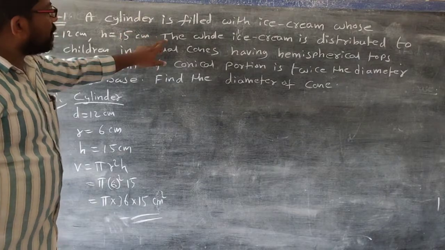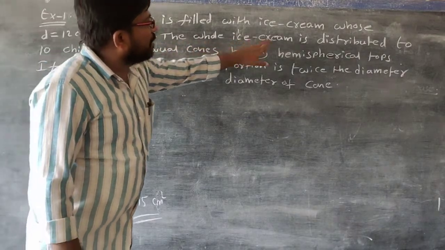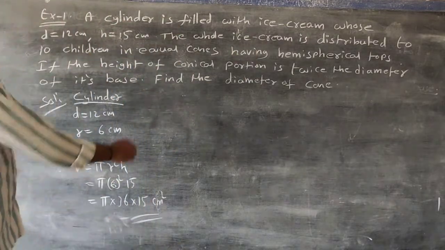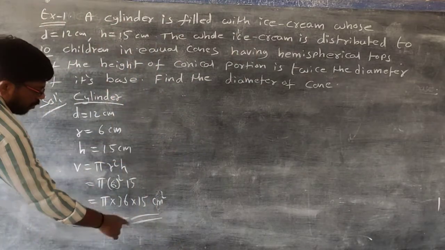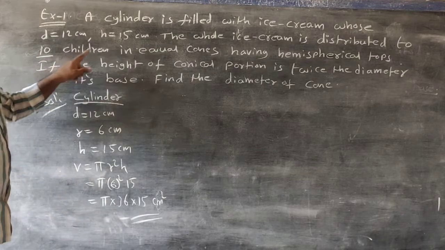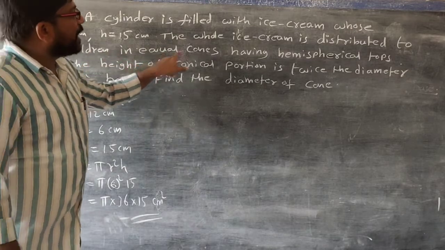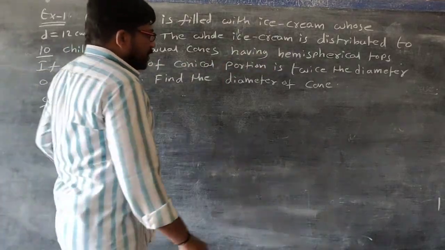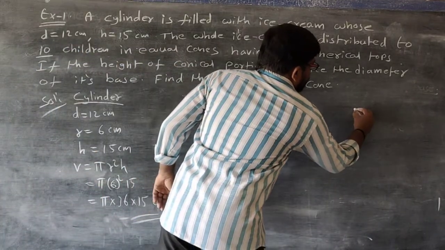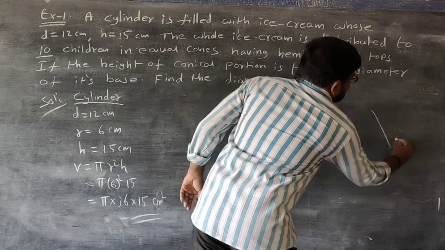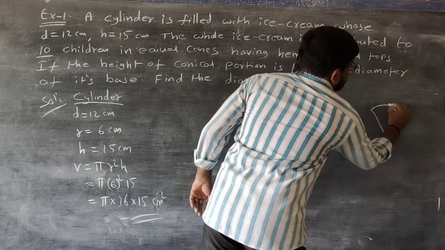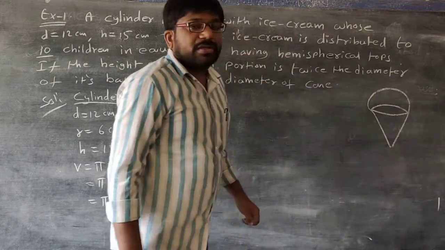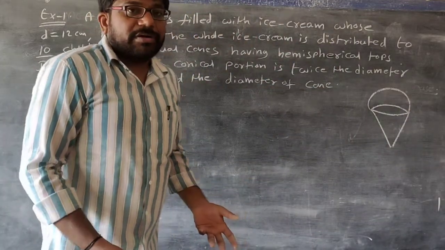Next step. The whole ice cream is distributed to 10 children in equal cones having hemispherical tops. The cone ice cream shape is like this, and there are 10 such cones.